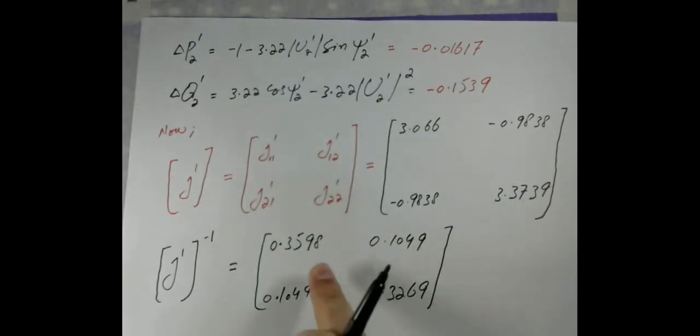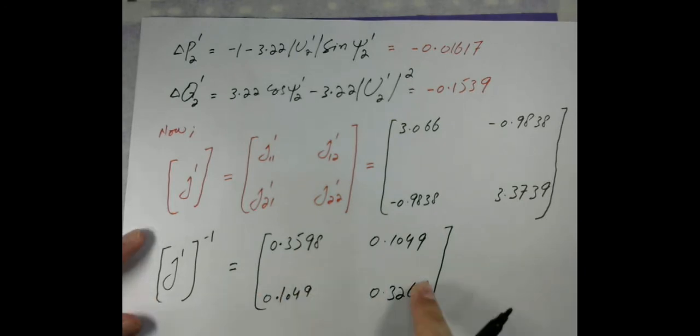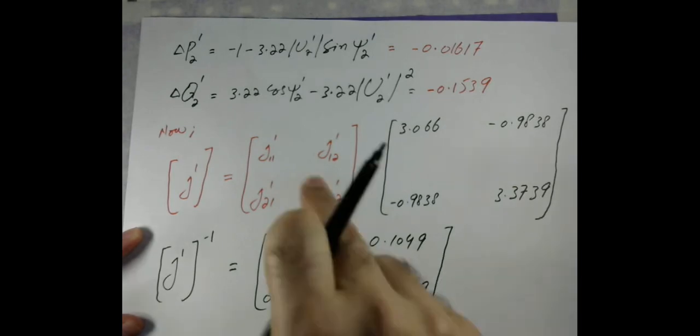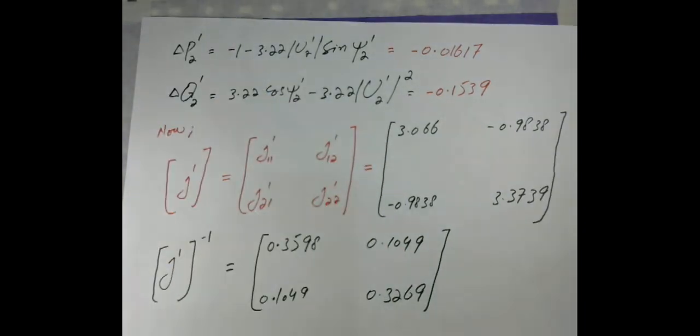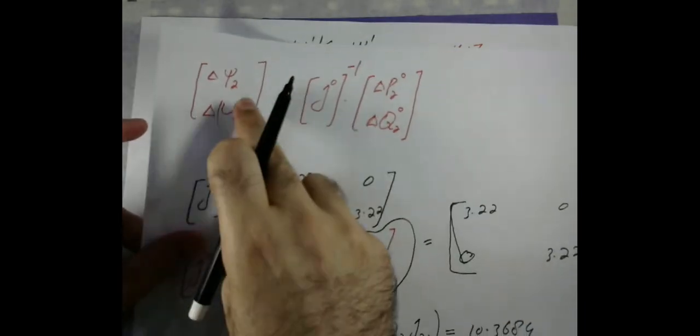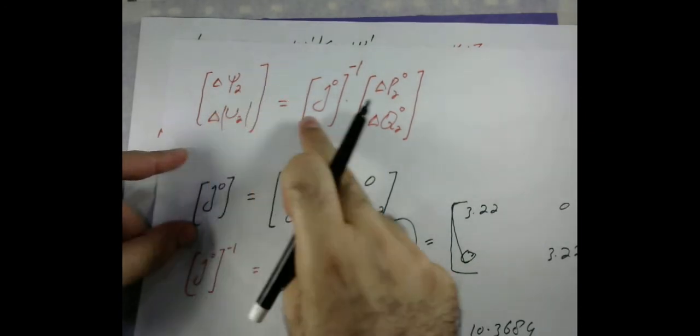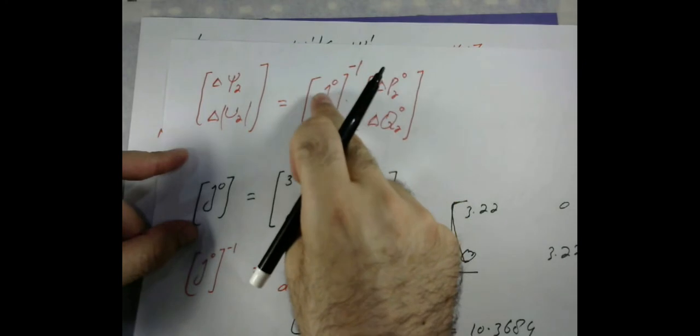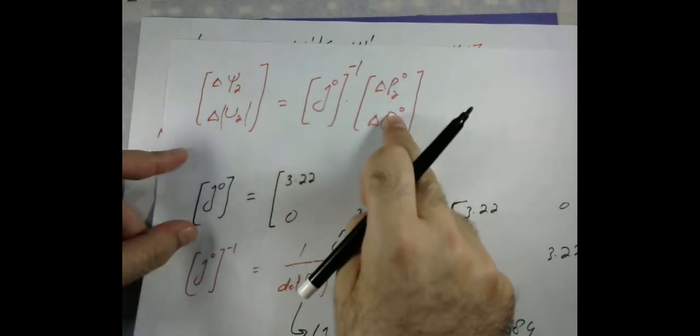So now this is the new inverse of the Jacobian matrix, and now I will take a product of this matrix and the power mismatch, because for calculating the error in the angle as well as in the voltage, we need to take the product of the inverse of the Jacobian matrix and the power mismatches.